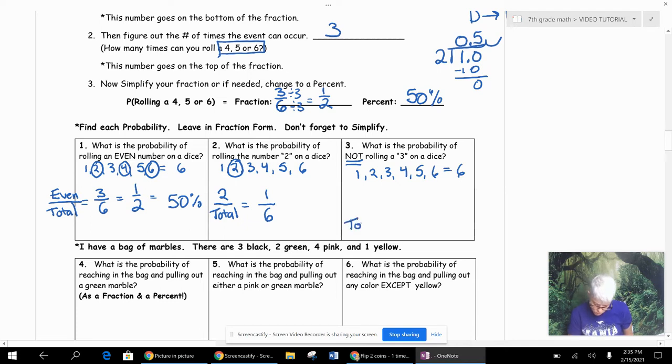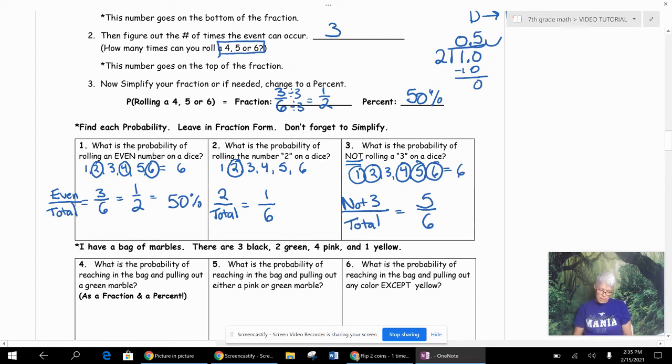So the total is 6, and I want not 3. How many are not 3? 1, 2, 3, 4, 5. 5 of those numbers are not 3.